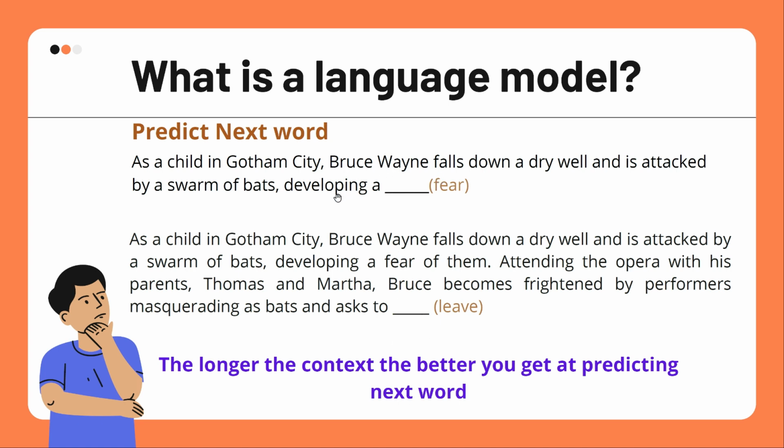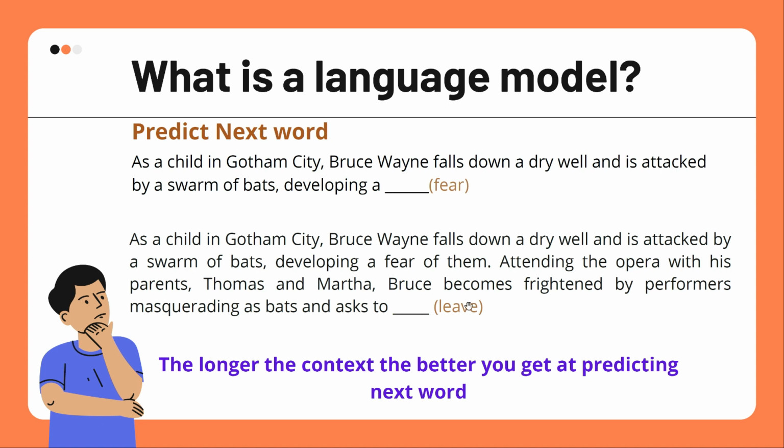So here, developing A, you might get 10 different options in your mind and you might not tell with certainty what could be the correct word that comes here. But as the context increases, then you narrow down your choices and increase the probability to predict the correct word.